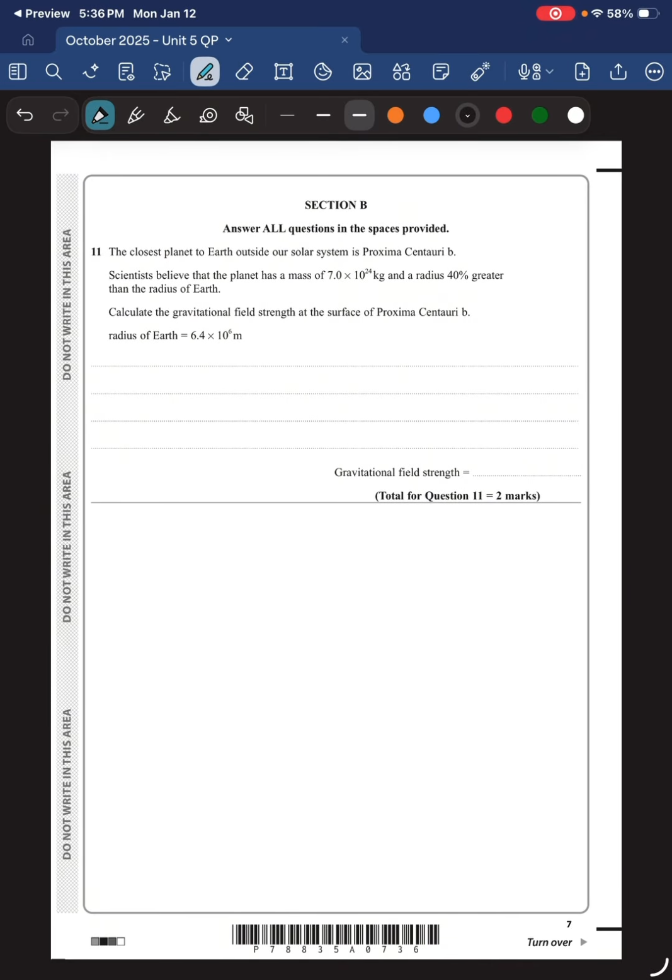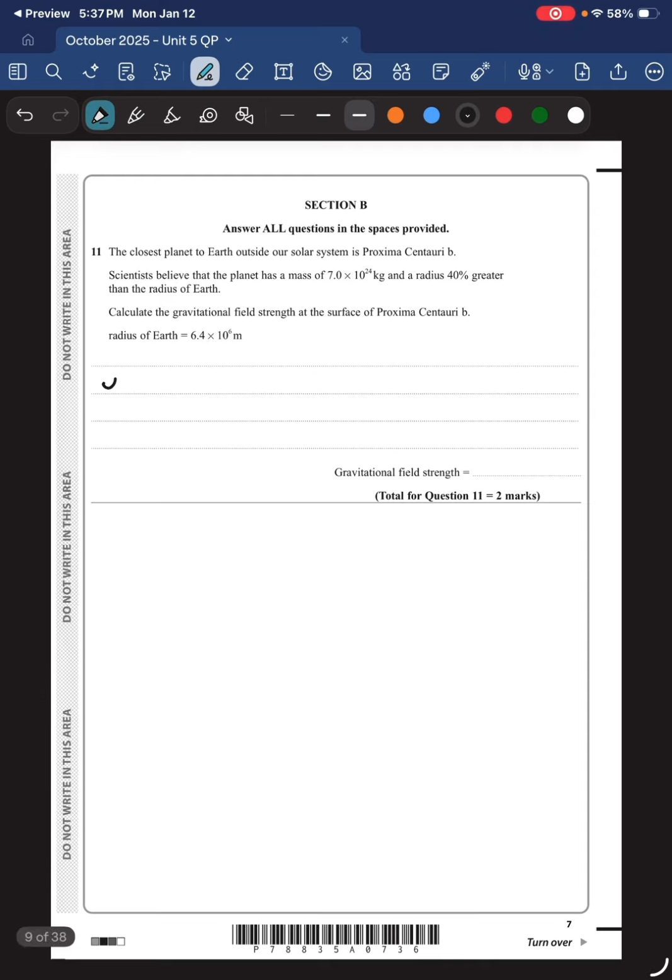So the closest planet to Earth outside our solar system is Proxima Centauri b. Scientists believe that the planet has a mass of 7 times 10 to the 24 kilograms and a radius 40% greater than the radius of Earth. Calculate the gravitational field strength at the surface of Proxima Centauri b. And they give you the radius of the Earth.